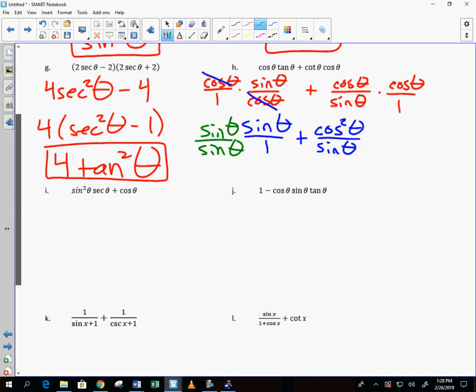Whoa! Do you see that? So now I have sine squared of theta plus cosine squared of theta all over sine of theta. And Ashley says sine squared plus cosine squared is 1. So I get 1 over sine, which is cosecant.